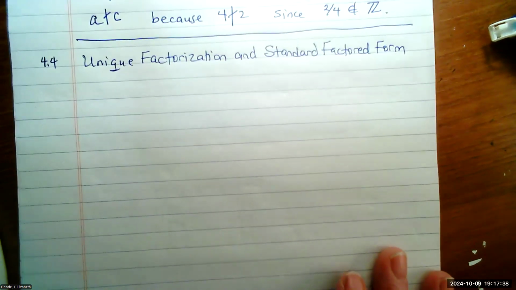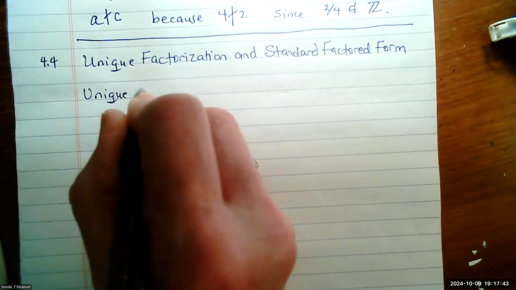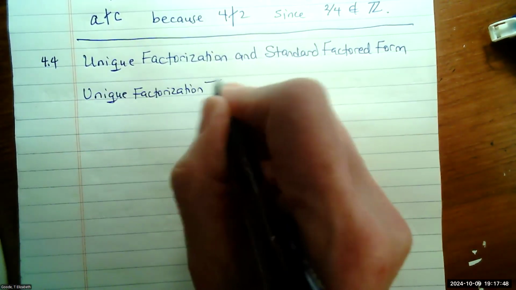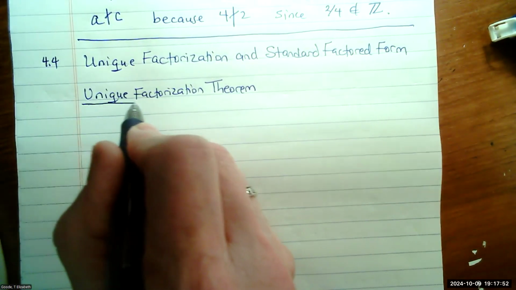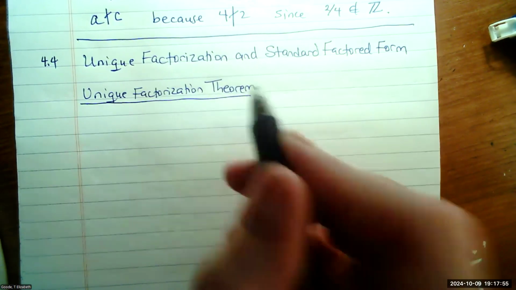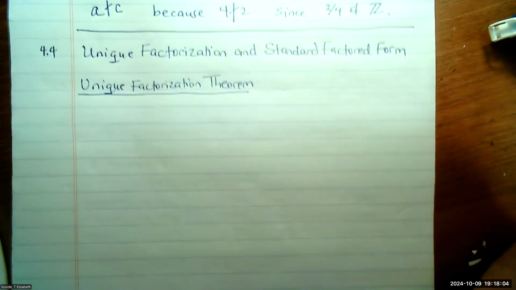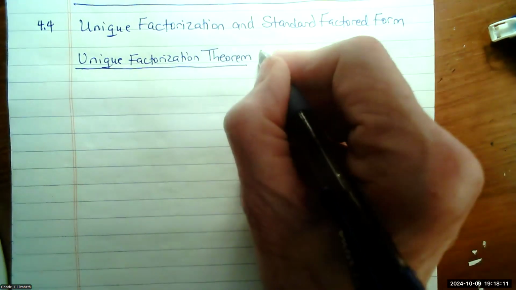So here's the theorem, the unique factorization theorem. Remember when we learned the definition of prime and composite, that those two definitions only applied to integers that were at least as large as 2? Well, the unique factorization theorem only applies to integers that are at least as large as 2, and you'll see why.